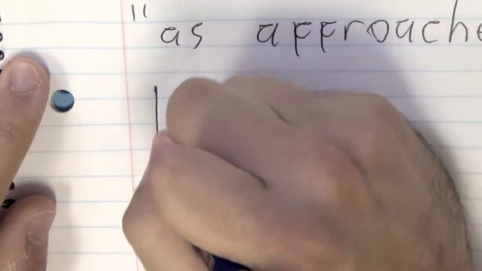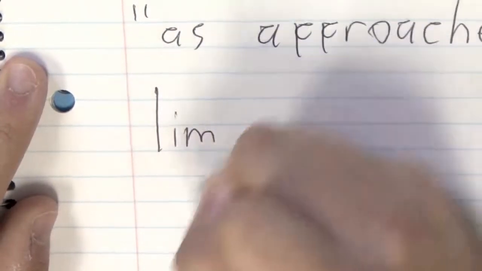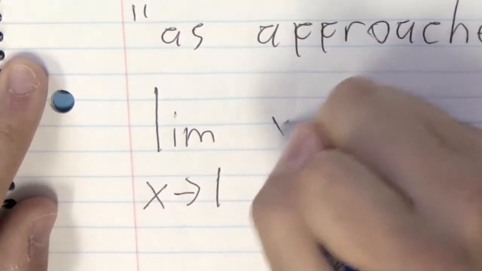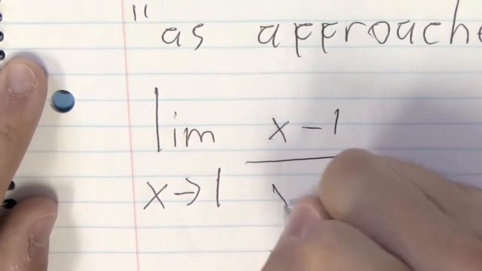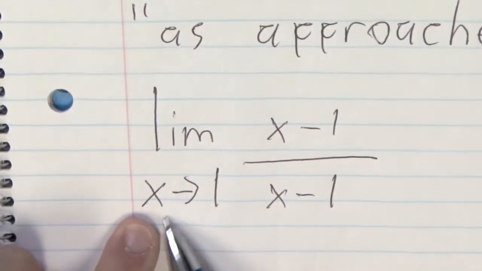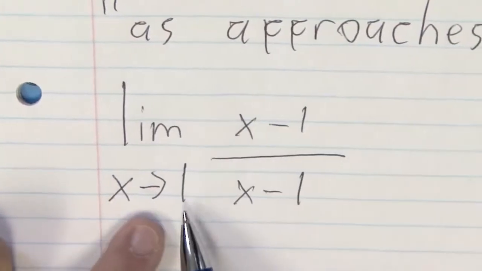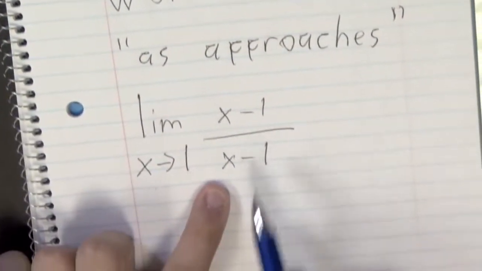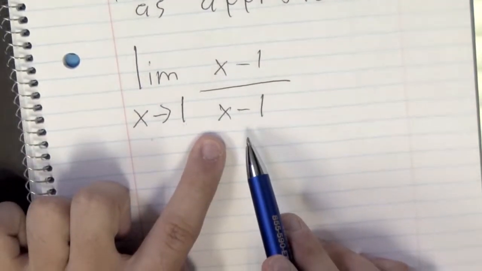So, we'll see things like this: the limit as x approaches 1 of (x minus 1) over (x minus 1). What does that mean? Well, it means that as x approaches 1, what is it getting close to? What is the y value getting close to?